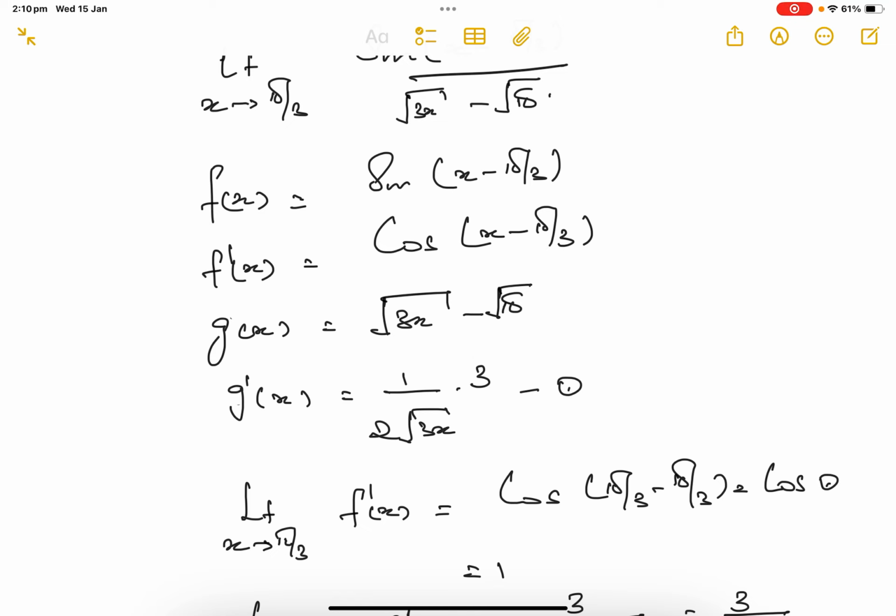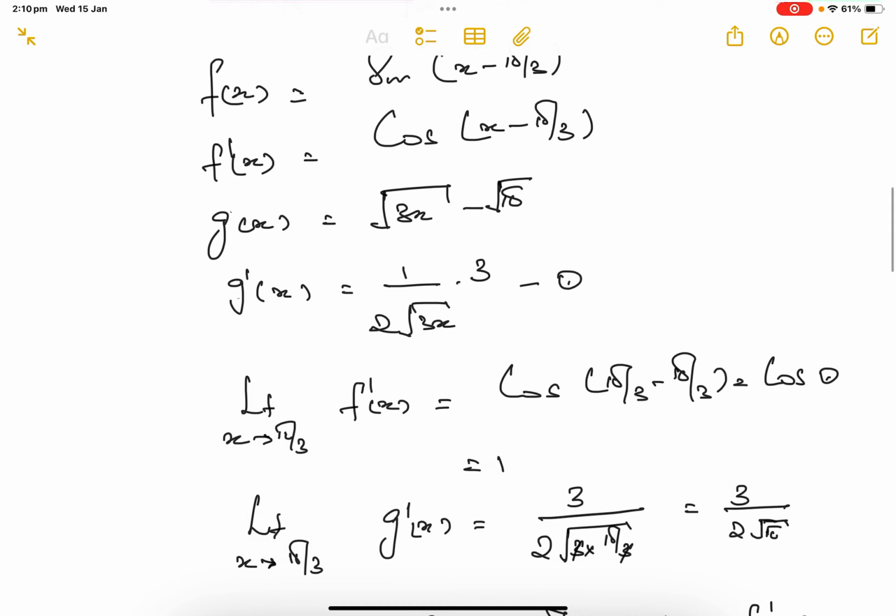If you differentiate that, I jump a step: the differentiation of root of 3x is 1 over 2 root of 3x times 3, and minus root of pi is a constant, whose differentiation is 0. So what we are left with is 3 over 2 root of 3x.